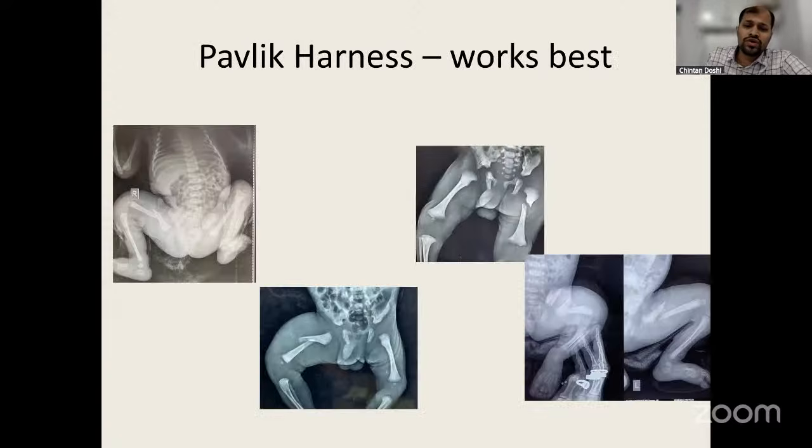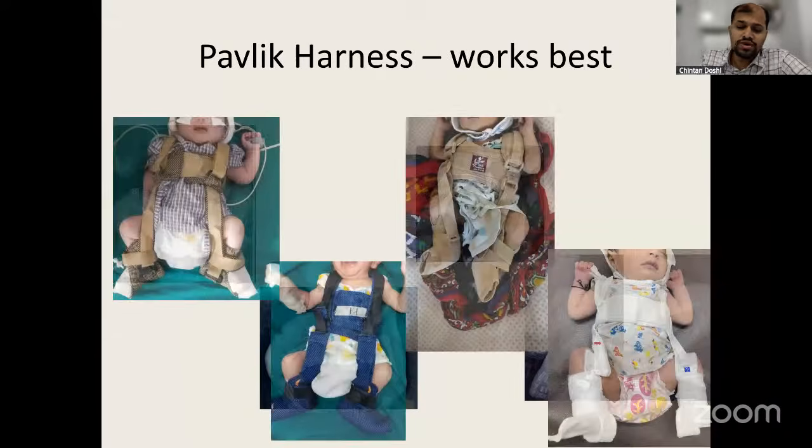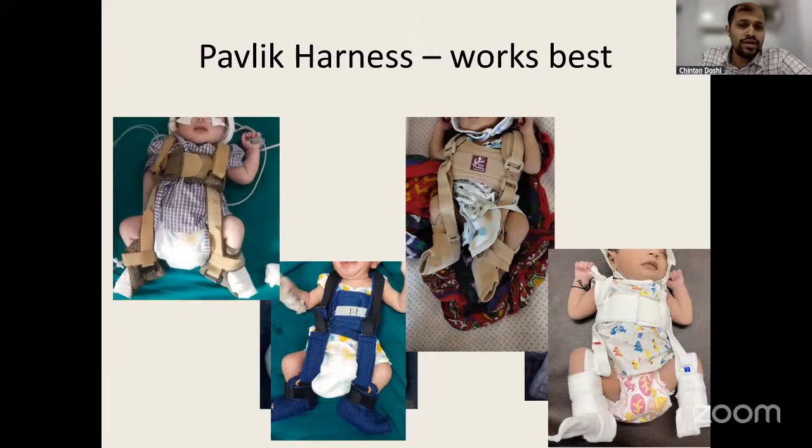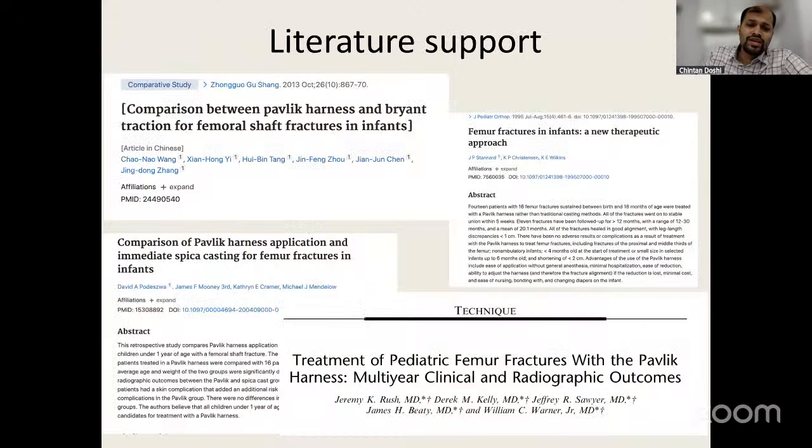So all these four x-rays that we saw in the first slide were managed with a Pavlik harness and went on to do well. Looking at the literature, when we search for Pavlik harness, almost everything suggests that it is a good, comfortable, reliable, and minimal cost treatment for neonatal fractures.